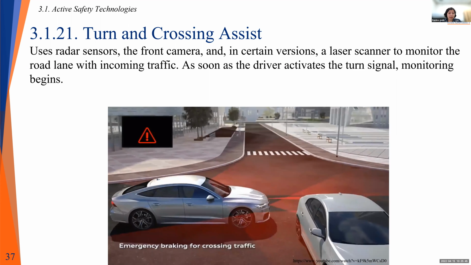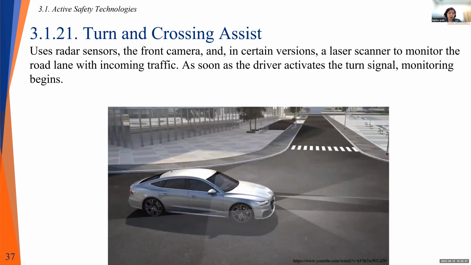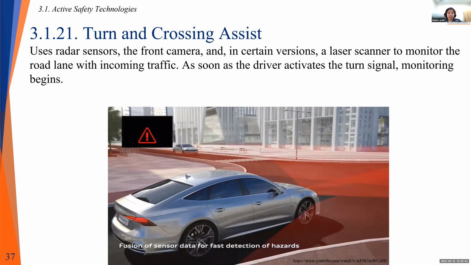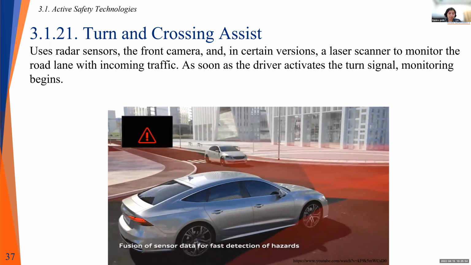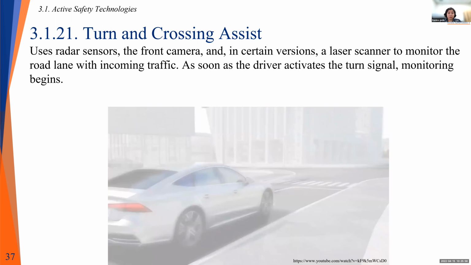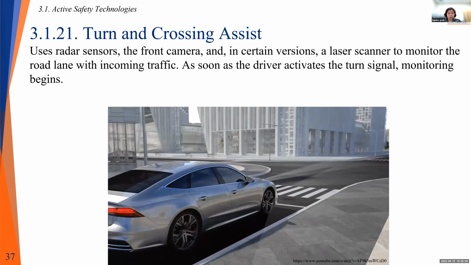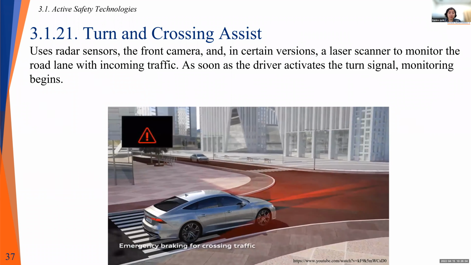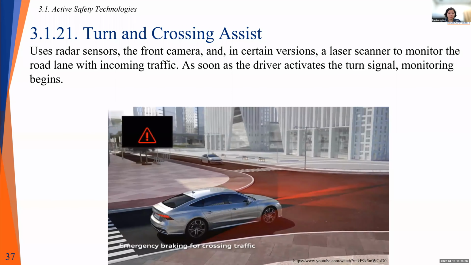Crossing assist detects dangerous cross traffic ahead of the vehicle and alerts the driver visually or audibly. If the driver ignores the warning and continues to go into the incoming traffic, this technology will apply the brakes to stop the vehicle.